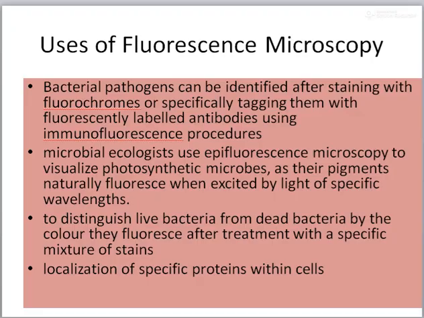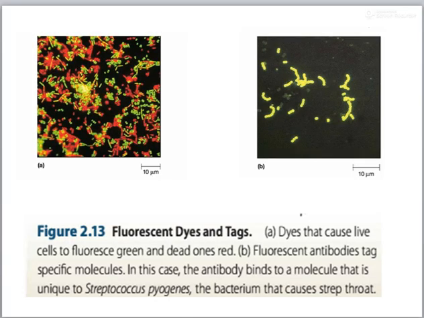So I guess you are clear with fluorescence microscopy. In this case, the first figure shows live cells, which fluoresce green, and the dead ones fluoresce red. So distinguishing living and dead cells is possible by exposing them to fluorescent dyes.